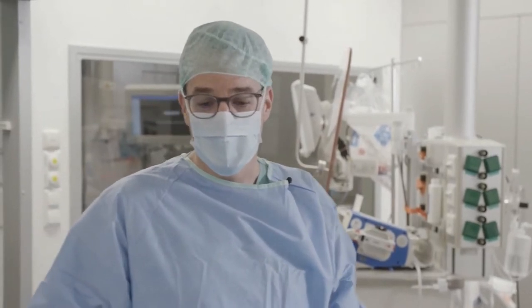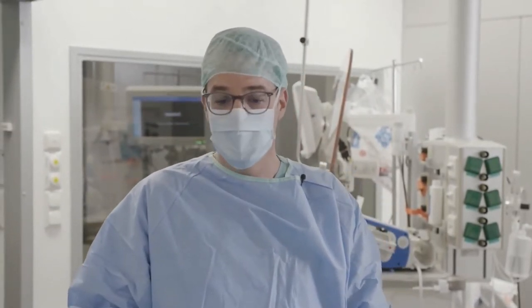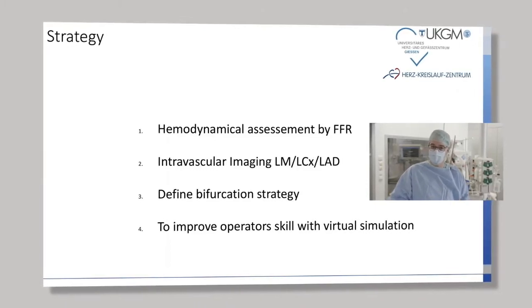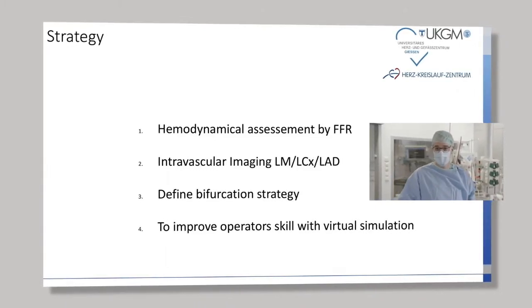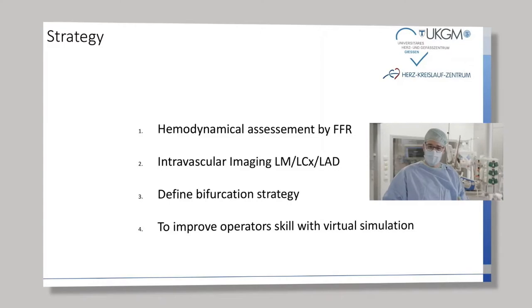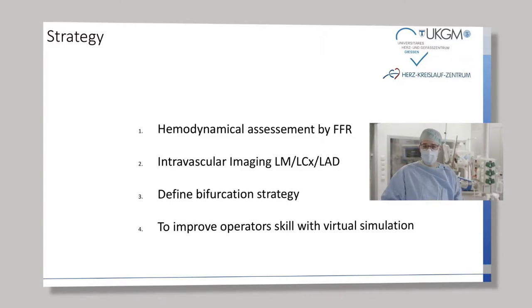This brings us to the strategy. We want, of course, as I mentioned before, to do the hemodynamic assessment by FFR. Think about the right coronary artery: we want to assess whether this stenosis is functionally relevant. Of course, we have to assess the morphology of the bifurcation stenosis.